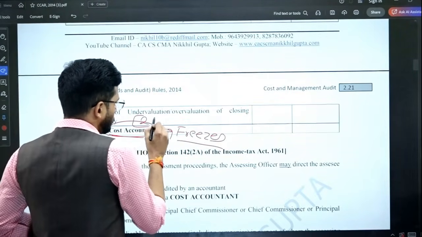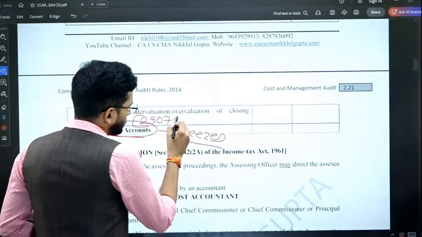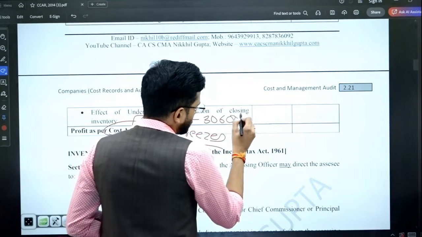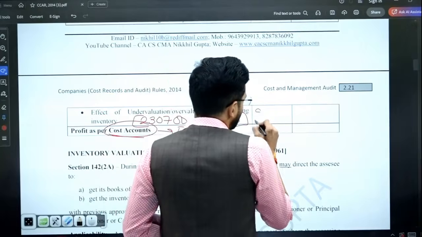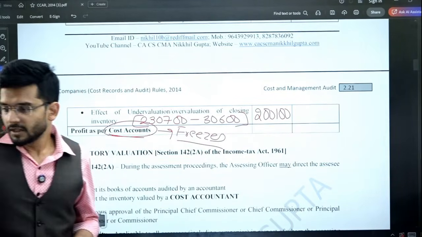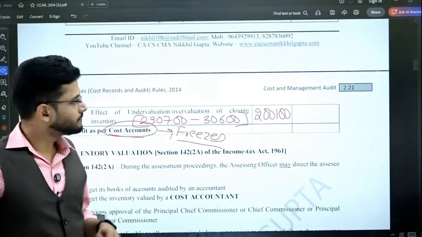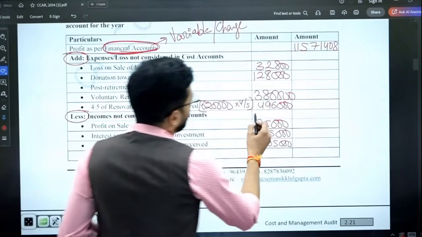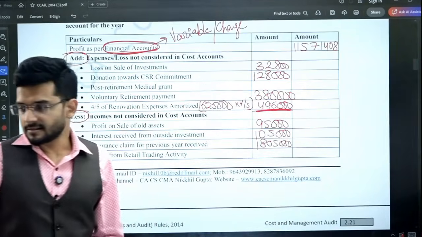In the bracket we can write 2,30,000 minus 30,600 comes out to 2,00,100. Now what you can do is add up all the negatives, add up all the positives and find the ultimate answer.